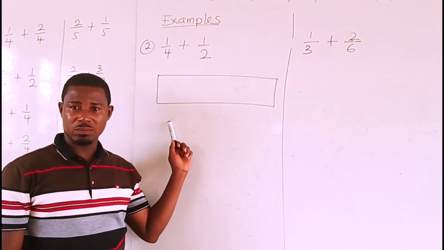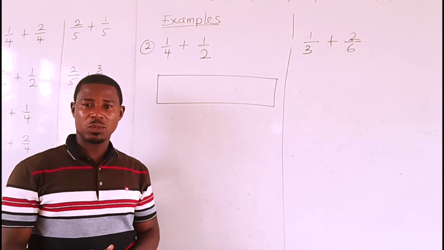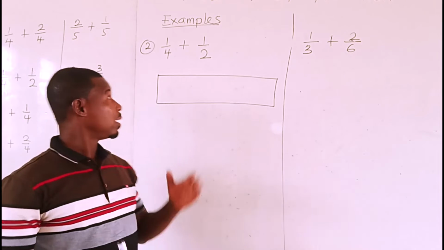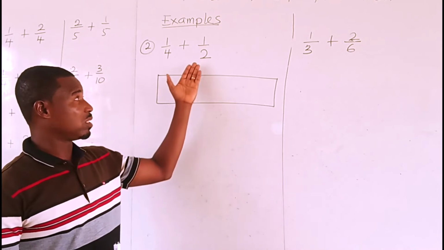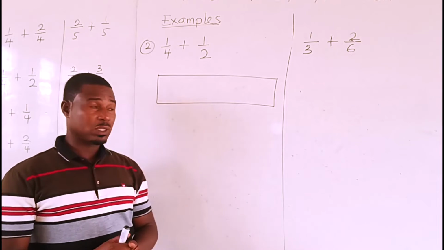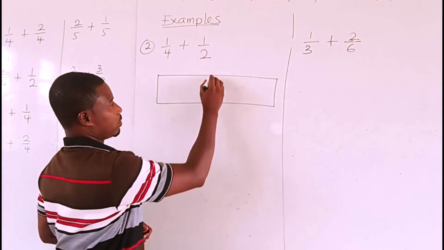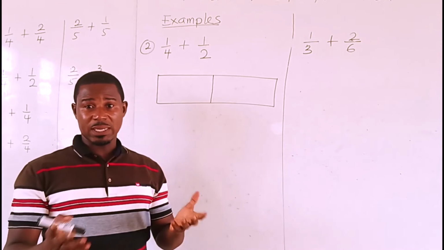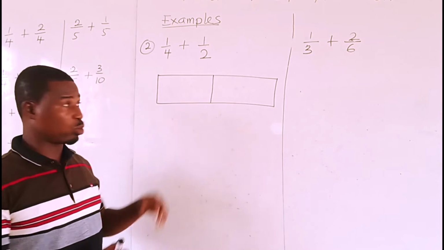We have the same whole. But first, we are going to divide this whole into two parts. I want us to deal with the fraction with the lesser denominator. And so let's divide our whole into two. Once we are done, we are going to shade one out of the two.